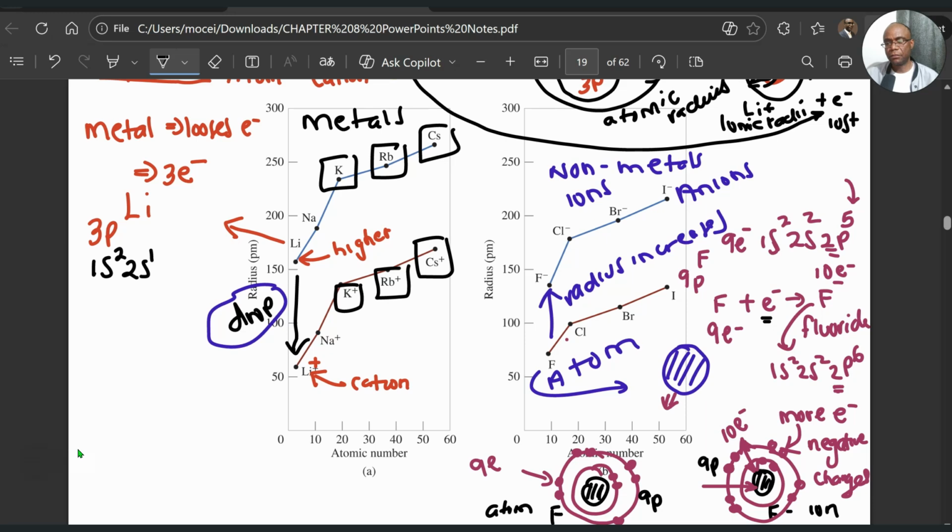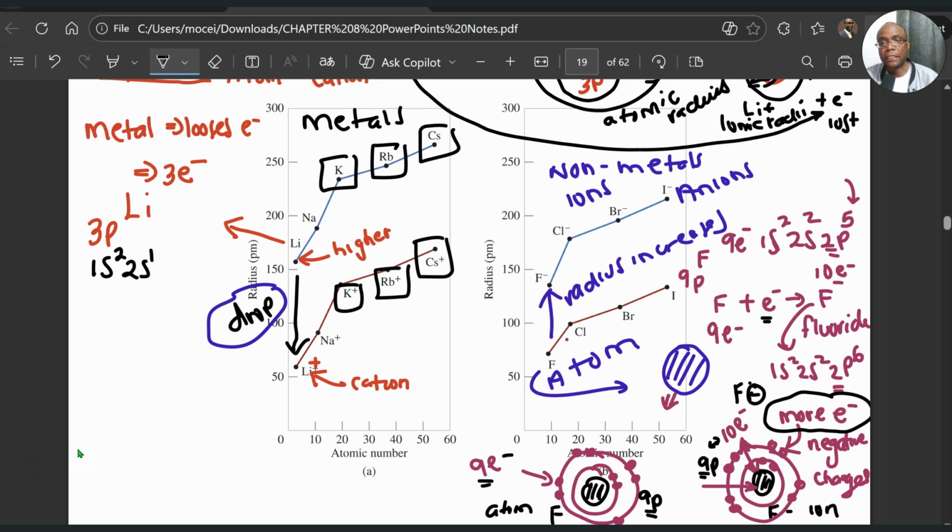So since you have more electrons in the fluoride, F minus, you expect the nucleus to share its effective nuclear charge with more electrons, and therefore the radius will be bigger. Here you have 9 protons attracting 9 electrons. Here you have 9 protons attracting 10 electrons. Less effective nuclear charge.